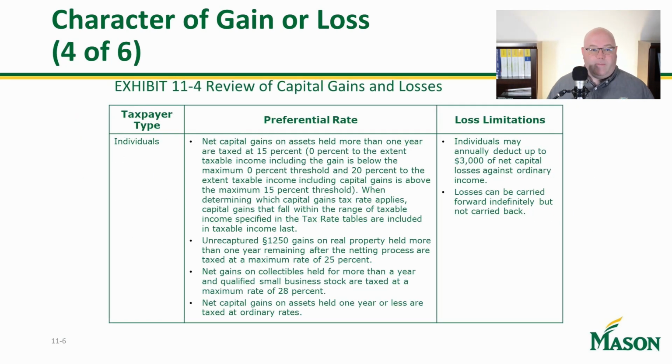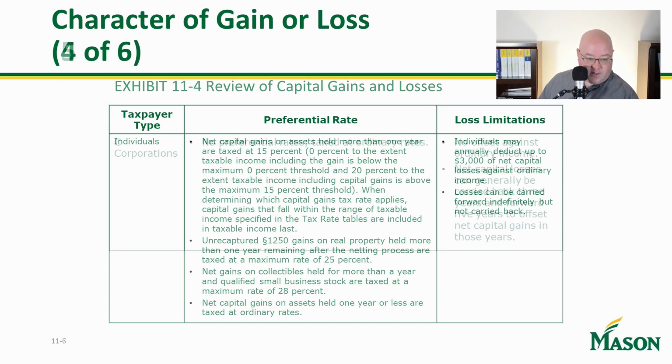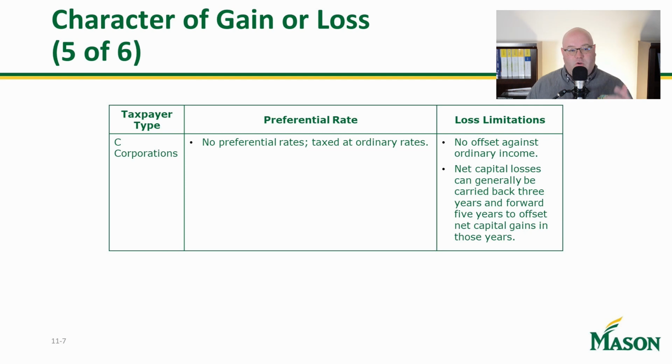This is a review of the capital gains and losses. I'll let you take a look at it. This is what happens for individuals and how that gets treated. This is how C corporations are treated: no preferential rates, taxed at ordinary rates, and no offset against ordinary income. That's part of the problem. There are more limitations than preferences. So that's why the slide says they prefer capital gains to ordinary.